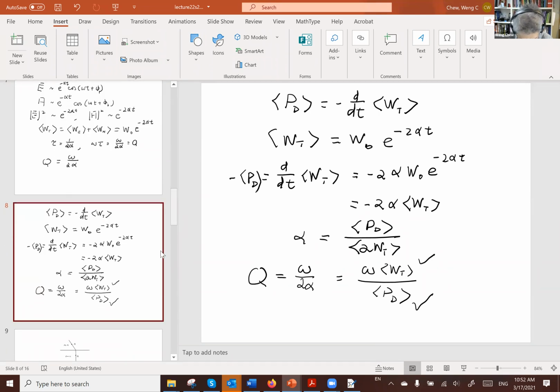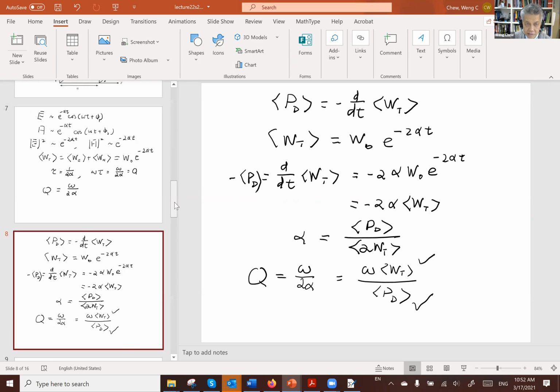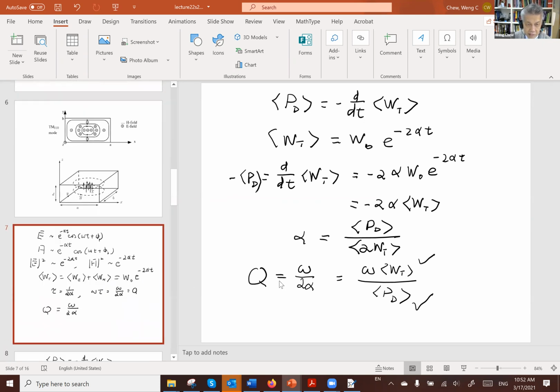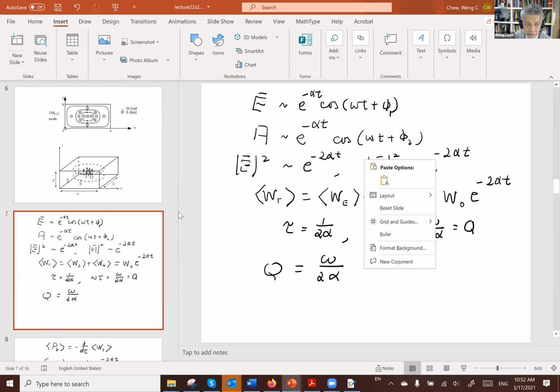Okay, so these are important formulas for Q. Are there any questions so far as to what the Q of a cavity is? The Q of a cavity is something that is inversely proportional to the loss of the cavity. And you will see this kind of decay rate in the electromagnetic field inside the cavity because of the losses.